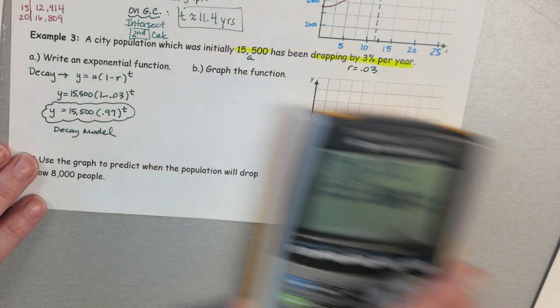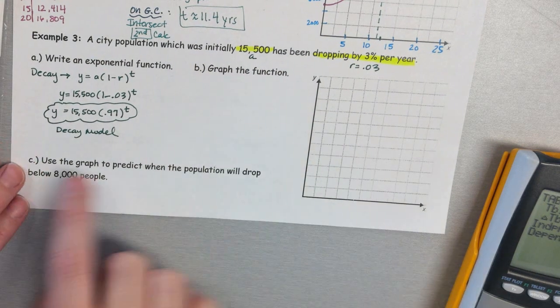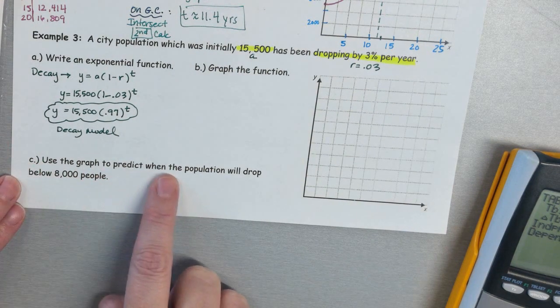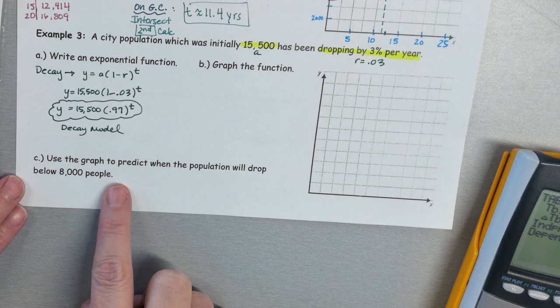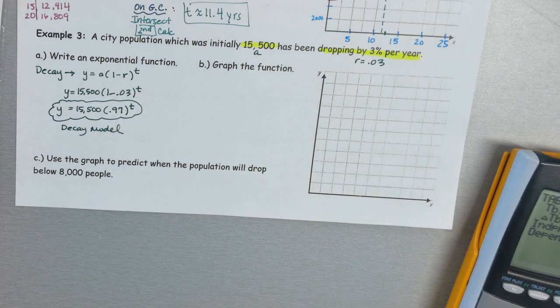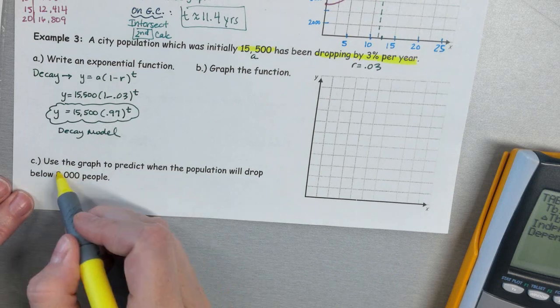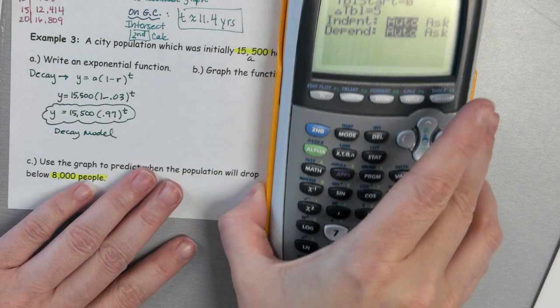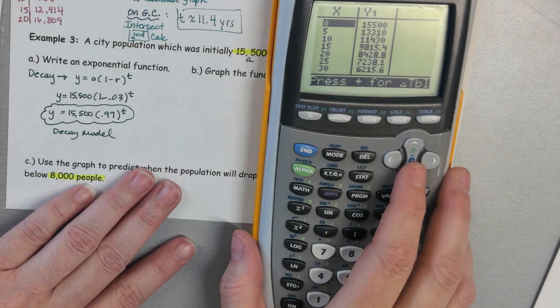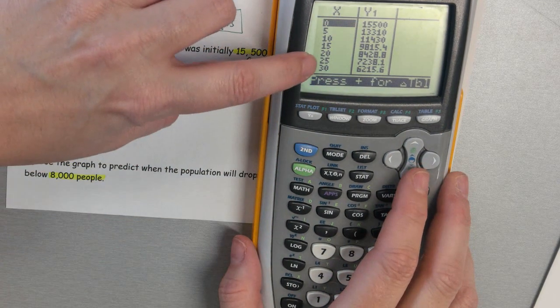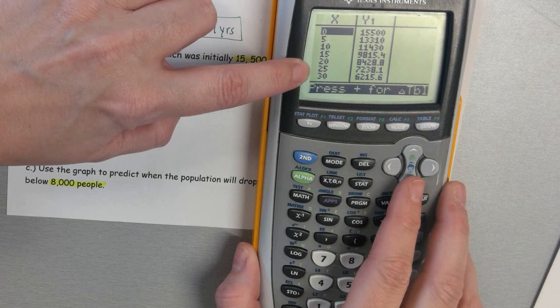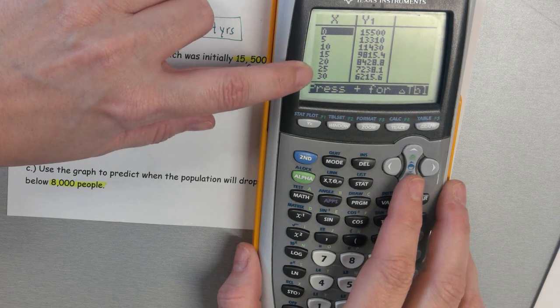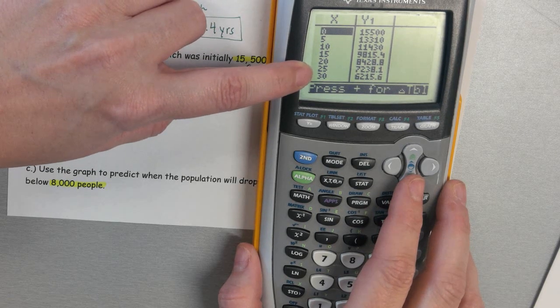Now, when you look ahead, it says graph the function, and then we're going to use the graph to predict when the population is going to drop below 8,000 people. So when you're deciding what to go by, take a look at the table, and you have to see when it's going to drop below 8,000. So look, it's between 20 and 25 that it dips below.